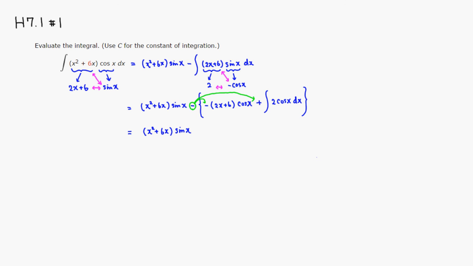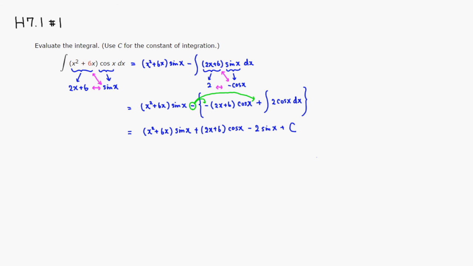So we'll get plus quantity 2x plus 6 cosine of x. Antiderivative of cosine is sine, so we have minus, there's a 2, antiderivative of cosine is sine of x, and plus some constant c.